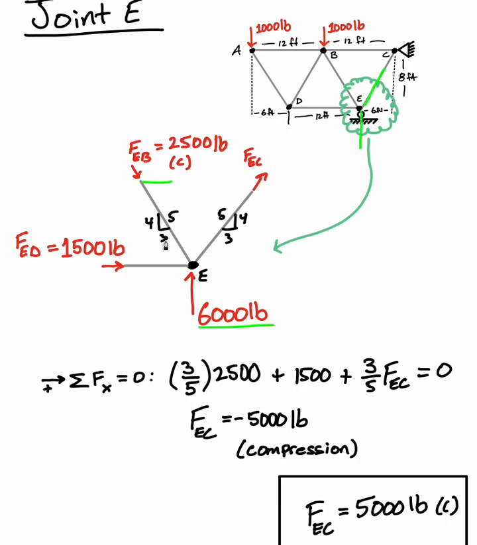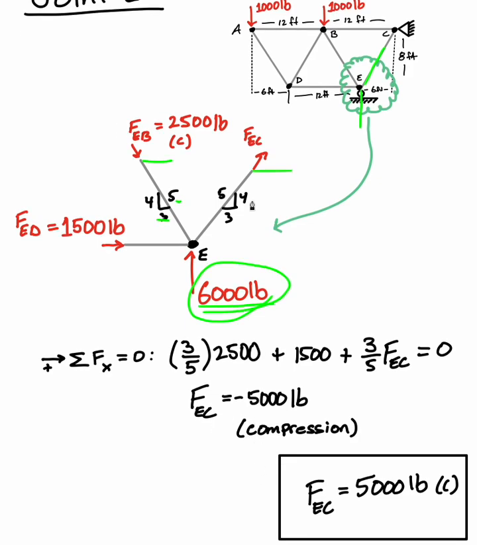And that would be 3/5 of 2,500, and we add 1,500, and we add this one here, which is FEC, which we're trying to solve. So actually the 6,000 didn't come into play here, but it's good to remember, because if we would have done this in the y direction, we could have got FEC and we would need this. But we get 5,000 and it's negative, so it's in compression. So it's actually acting this way.